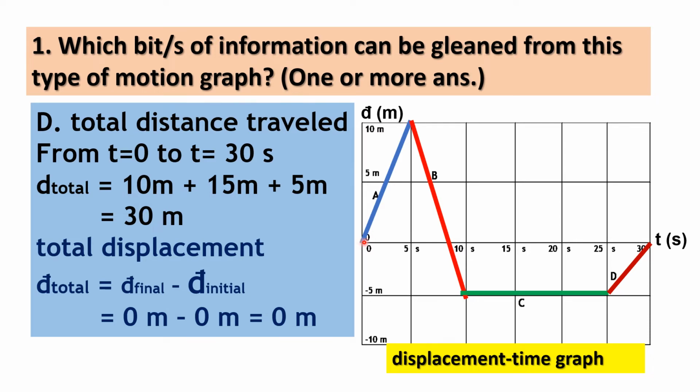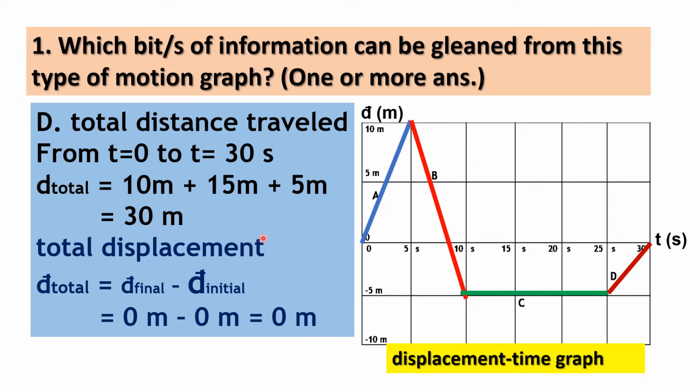That is the unique characteristic of the concept of displacement. It's really different from how we understand distance, right? If the total distance is 30 meters, here the total displacement is 0.